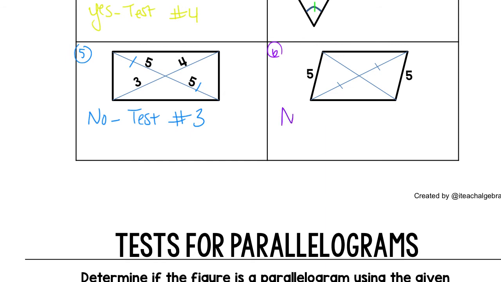So this is a no. We cannot tell if it's a parallelogram because we don't have enough information again. We need something about the lines being parallel. We need something about the diagonals being bisected or the angles being congruent. But as it stands, we cannot tell anything about that figure, if it's a parallelogram or not.